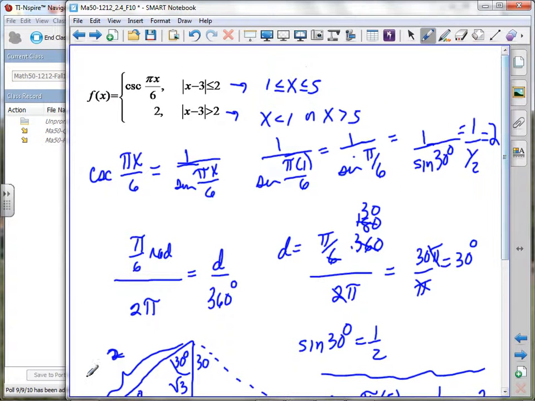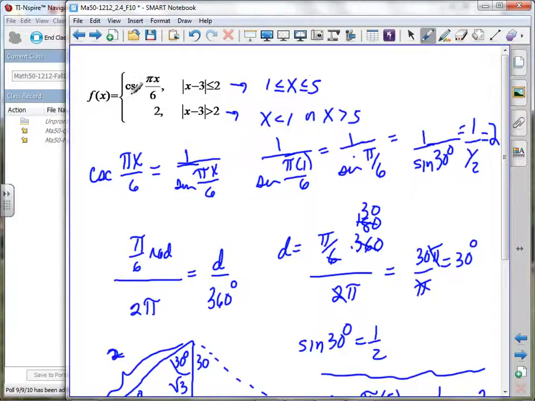Now, on a piecewise defined function, the question we haven't asked ourselves is, where is this undefined? If by chance it's undefined in this interval, we have a problem because it will be discontinuous in that interval.